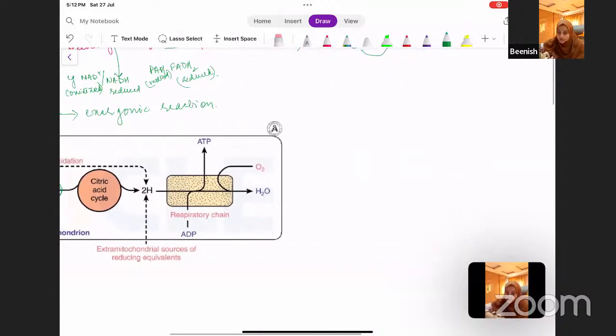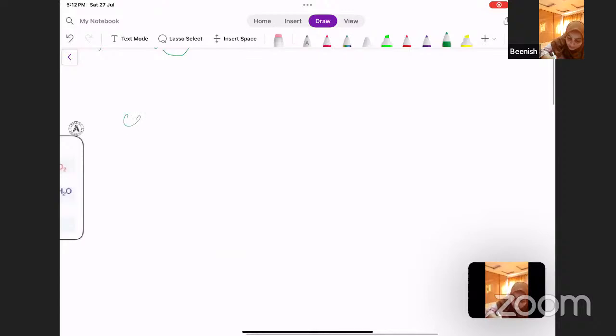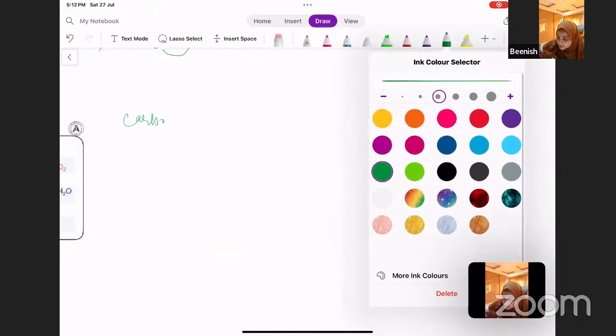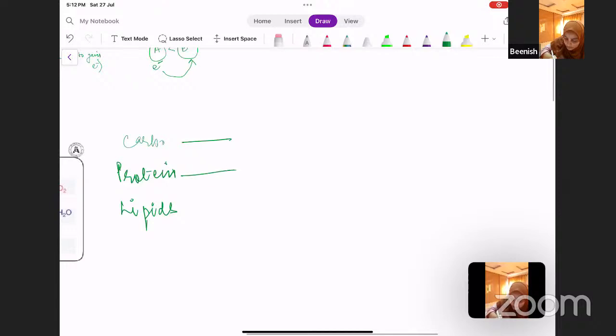Okay, so if I simplify this for you, what is happening? You have your carbohydrates, your proteins, and your lipids. Okay, they are all ultimately converging at acetyl CoA.